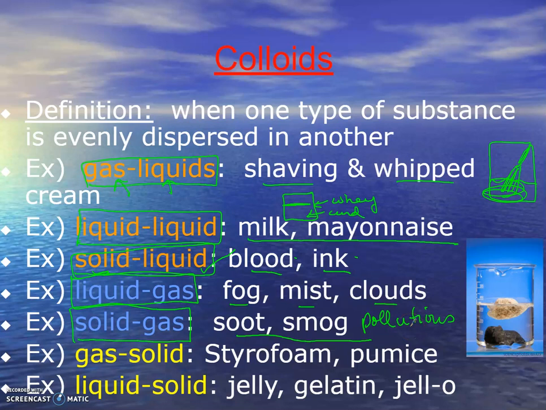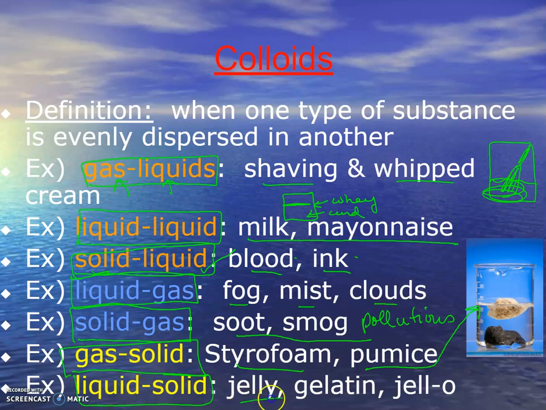And then lastly, you have gases or liquids that are in your colloids, like styrofoam, pumice, which is that volcanic rock. I always bring in some of the volcanic pumice that I found on the beach in Japan. Oh, it's so cool. It's like floating rocks everywhere.